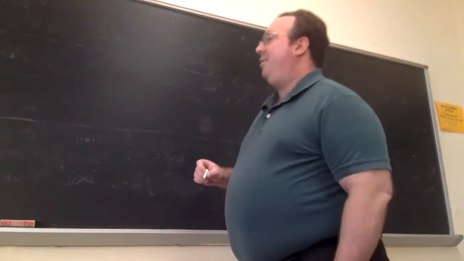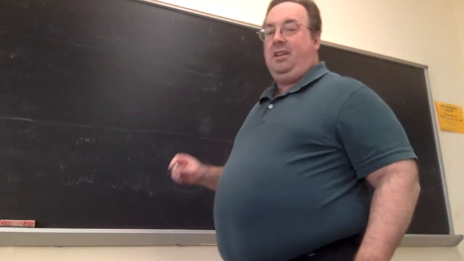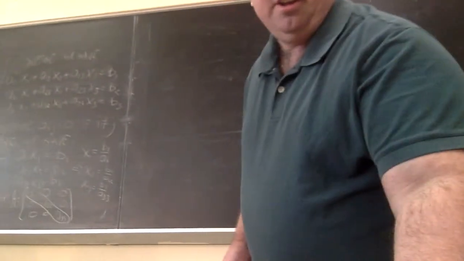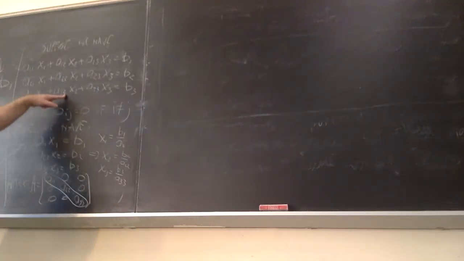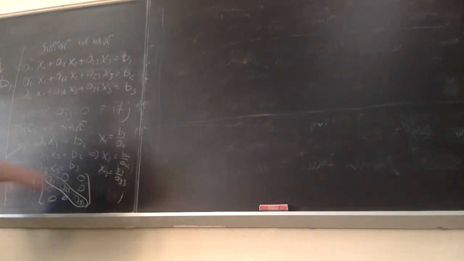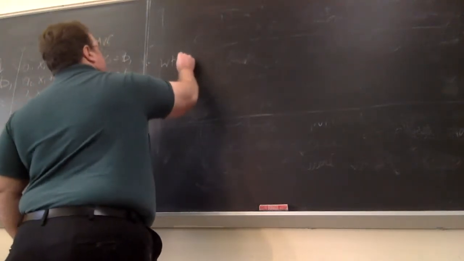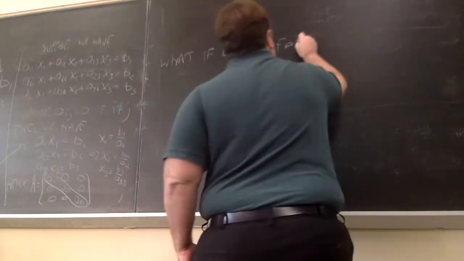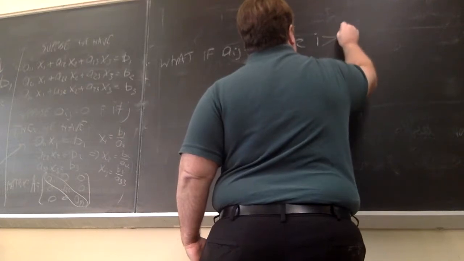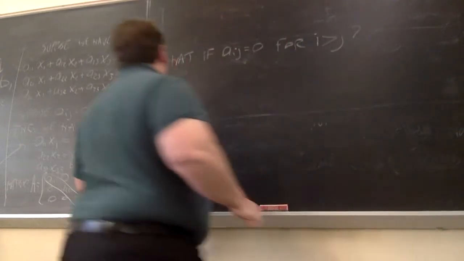Okay. Now, let's work with this general 3x3 system here. But now I'm going to impose a different condition. What if Aij is equal to 0 for i strictly greater than j?